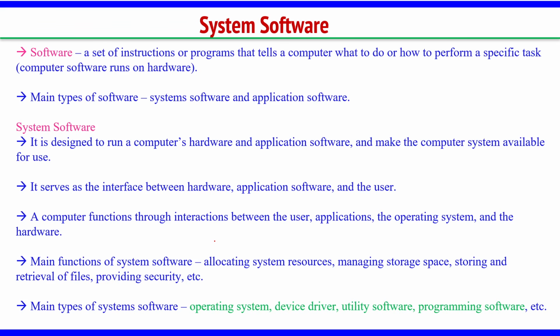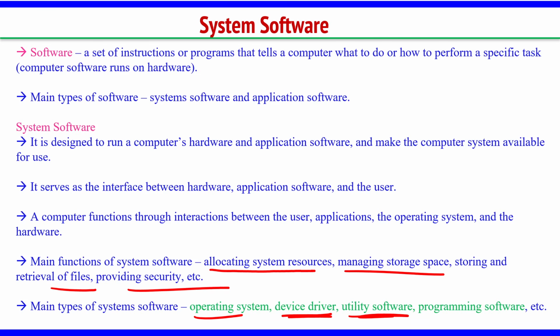Right? So the main functions of system software include allocating system resources, managing storage space, storing and retrieval of files, providing security, etc. Some examples include OS, device driver, utility software, and programming language software, which are all system software.